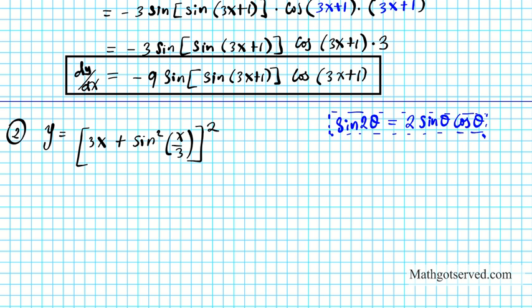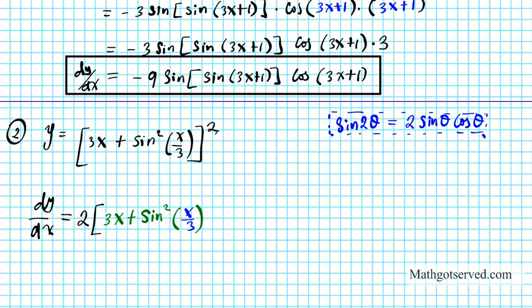So let's go ahead and differentiate this. We're going to have dy dx is going to be the derivative of the outermost function. The outermost function is a power function, so we're going to have 2 times the inner function, let me put it in green, 3x plus sine square x over 3.